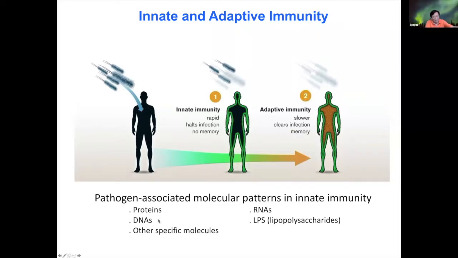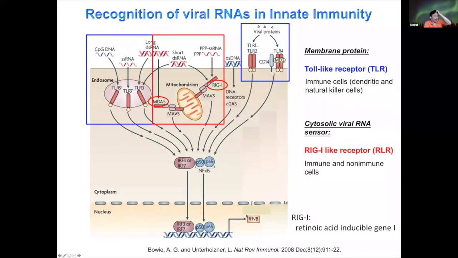Proteins, peptides, DNAs, RNAs, or lipopolysaccharides and also other specific molecules associated with the pathogens can all be detected and trigger innate immune response. The one I'm going to discuss briefly is the recognition of viral RNAs.